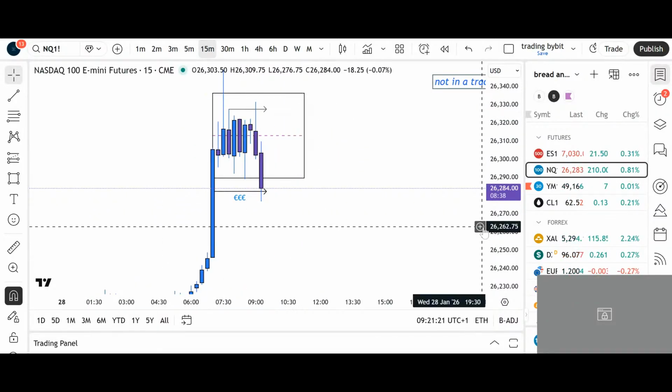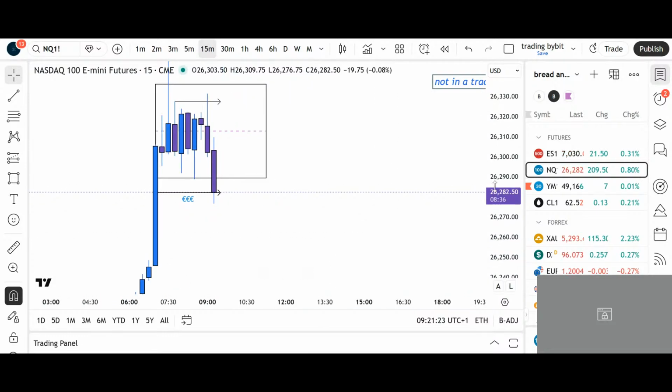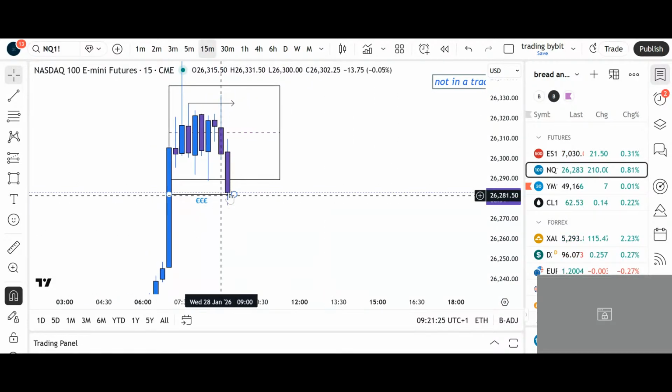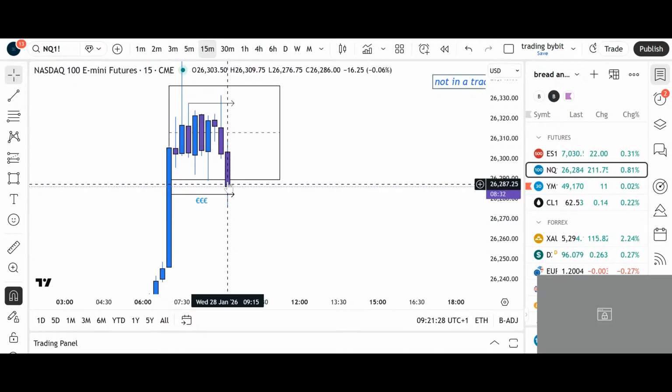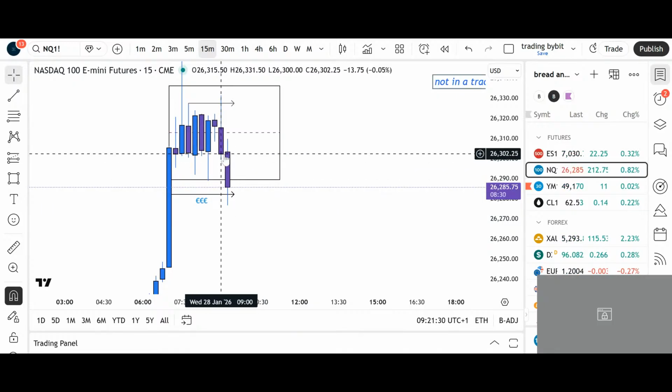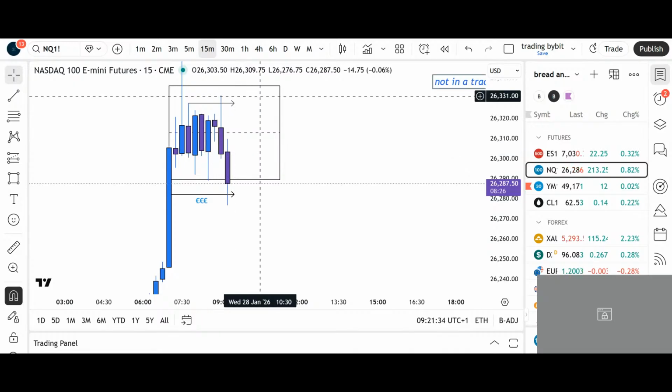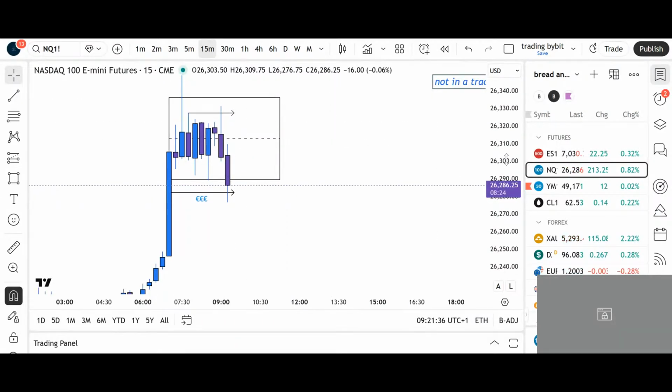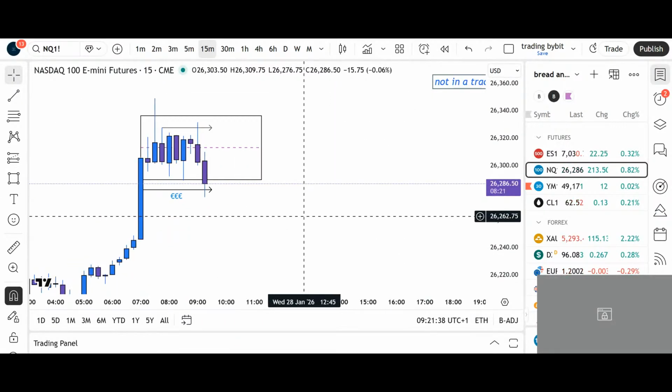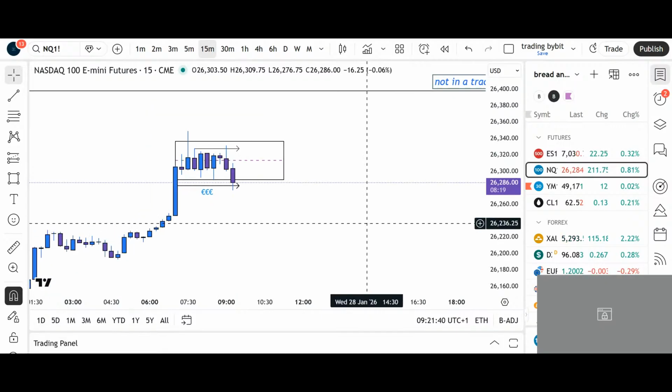So we took everything. So in the next 8 minutes or something, I want to see what this candle does. Does this candle now fully retrace back inside? That means that the market is going to continue to the highs. There is a huge possibility that this market continues to the high.